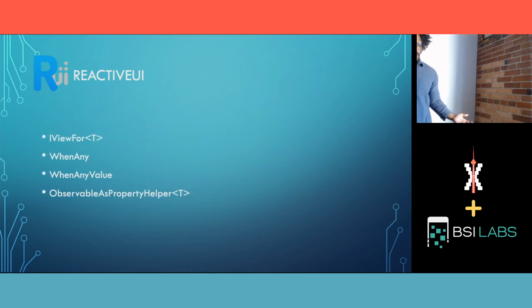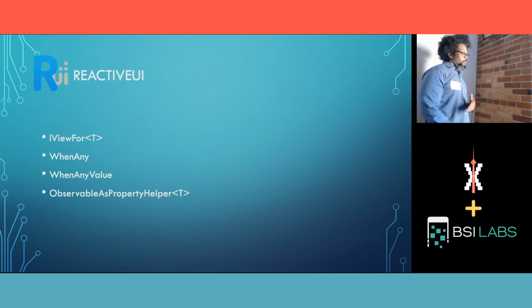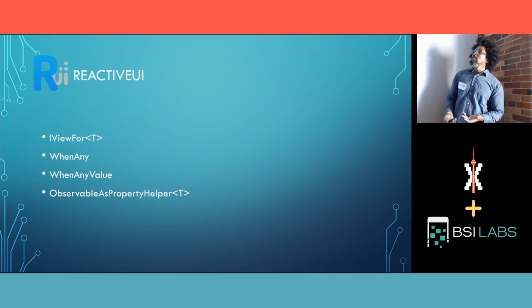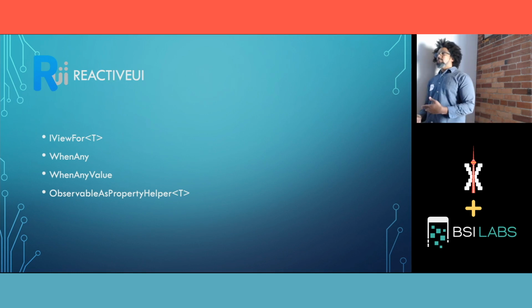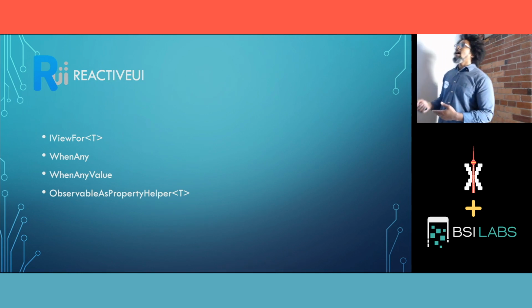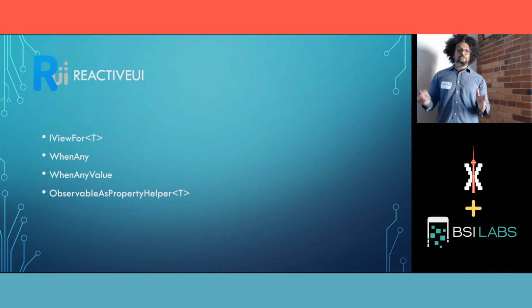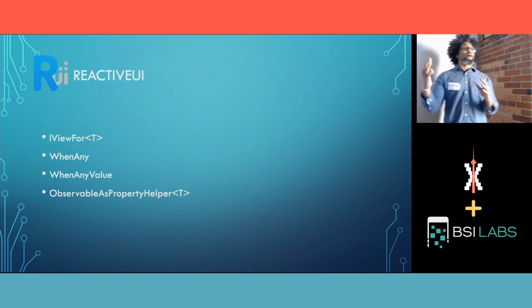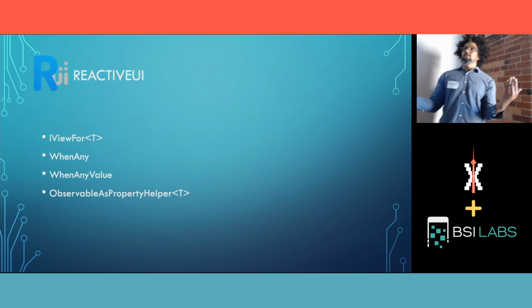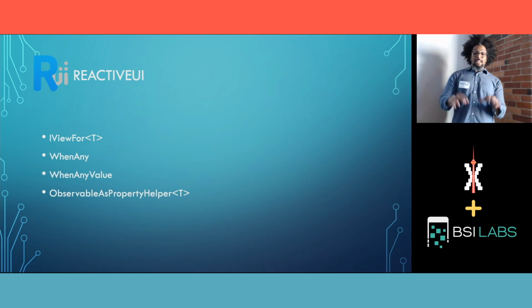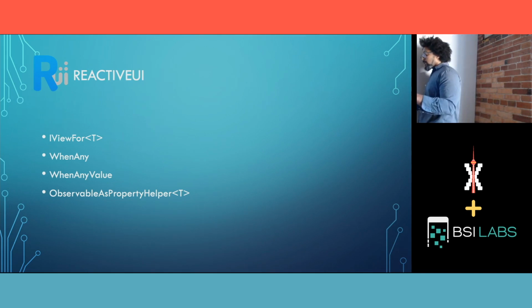So as mentioned before, WhenAnyValue is one of the keywords, and another keyword is IViewFor. This keyword is used when you want to map a view with a view model. That was the last part I was doing, and I will show it in code.